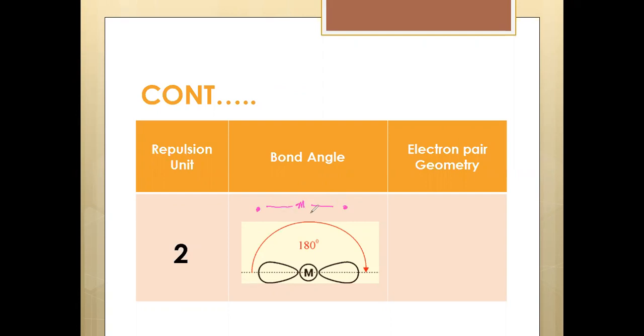You might have two bonding pairs, so it ends up with what? Linear shape, 180 degrees. So what is that electron pair geometry? Linear.